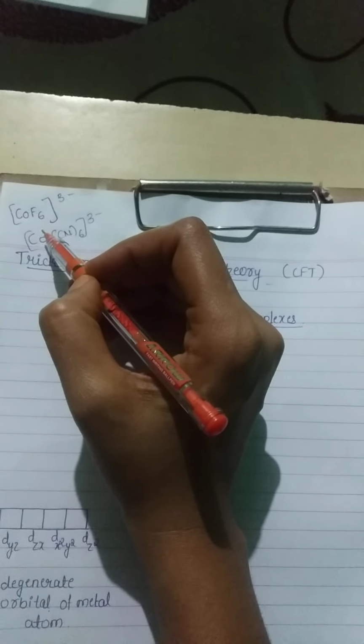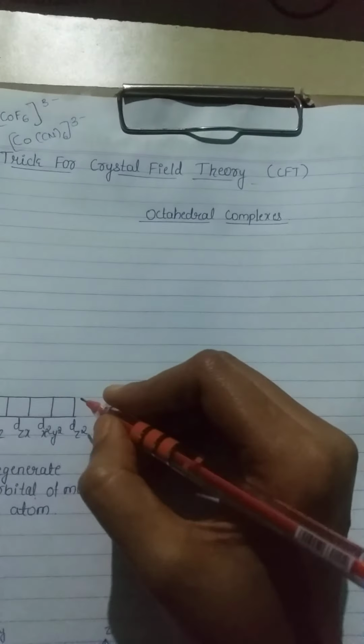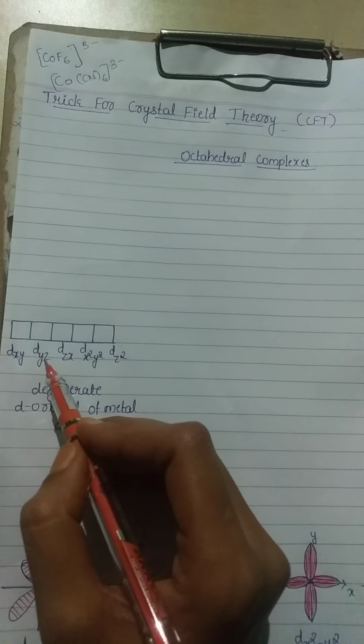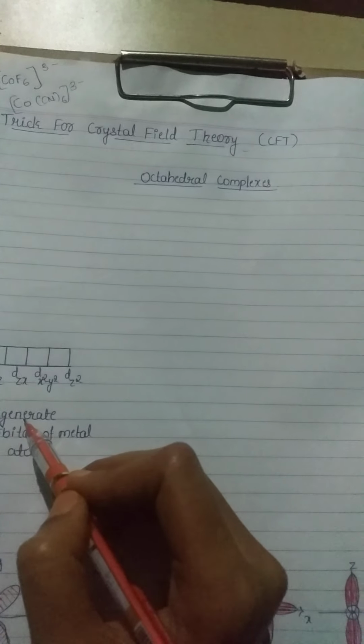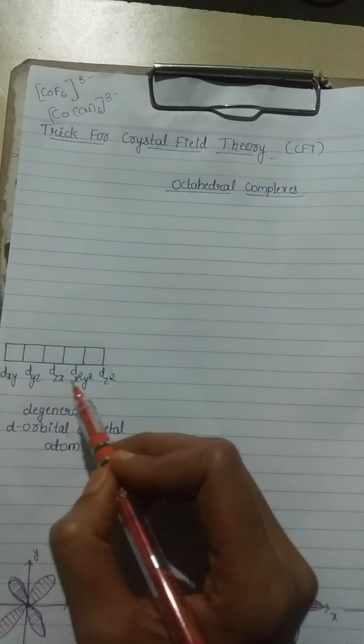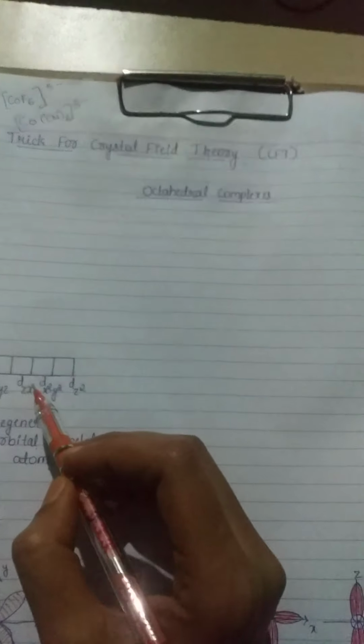The fluoride ion or a cyanide ion approaches the metal to form a complex. The metal also consists of electrons, and the ligand also consists of electrons. As the ligand approaches the metal, there will be a repulsion between the ligands as well as the d orbitals. Whenever there is a repulsion, these d orbitals lose their energy or lose their degeneracy.